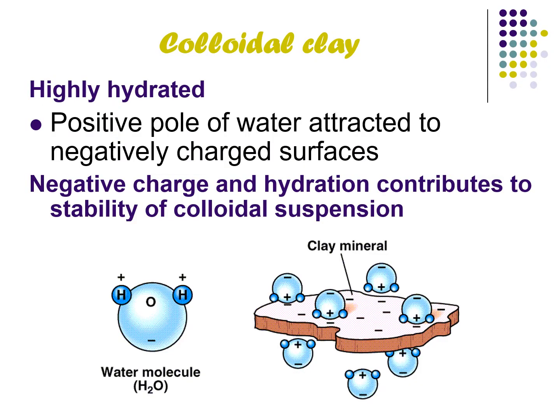Colloids like clay and humus are highly hydrated. That is, the positive pole of water is attracted to the negative charge surfaces of the colloid. The negative charge and the hydration contribute to the stability of colloidal suspension.